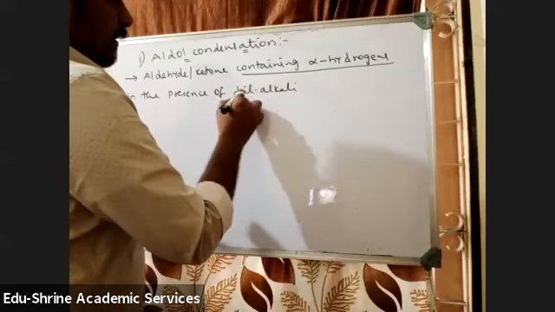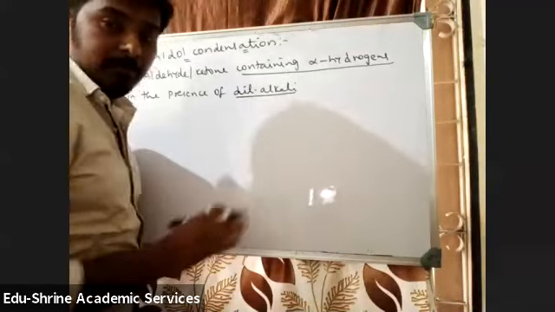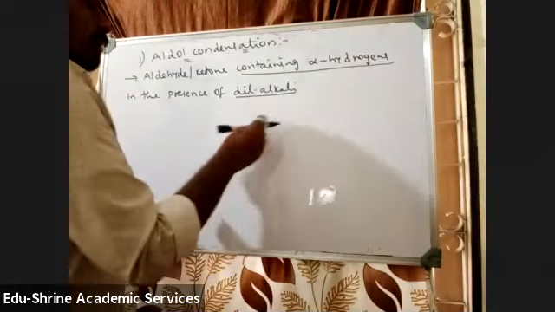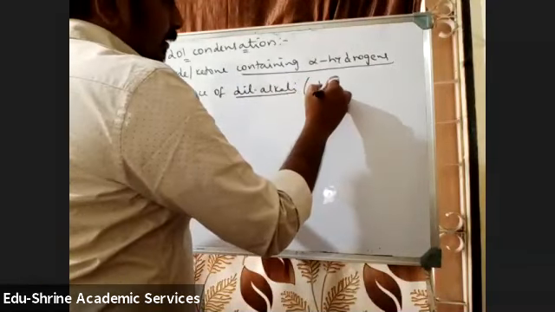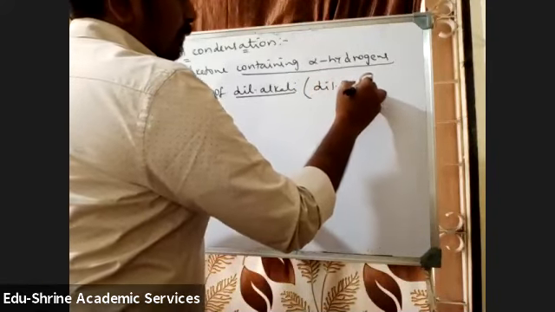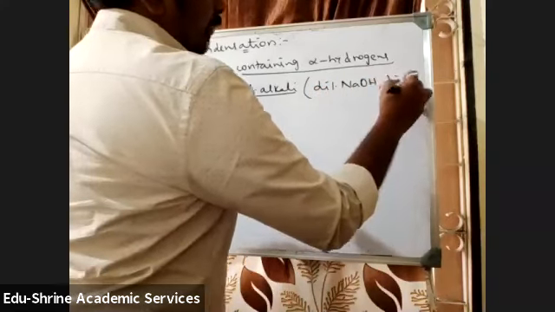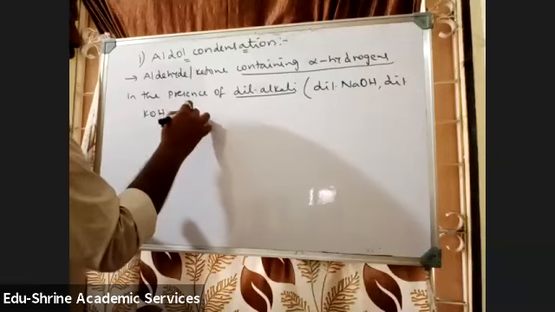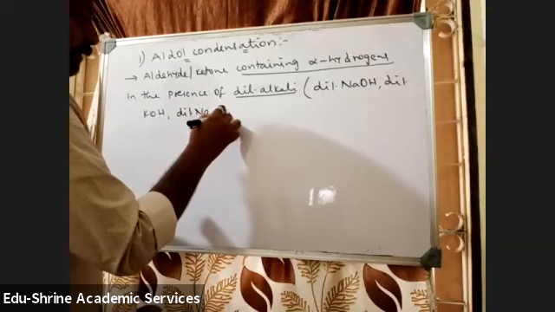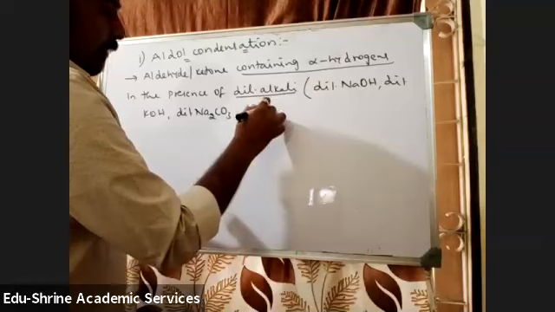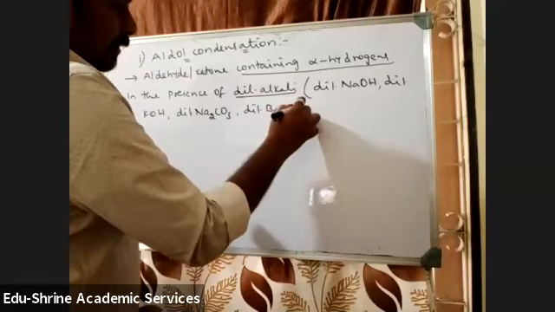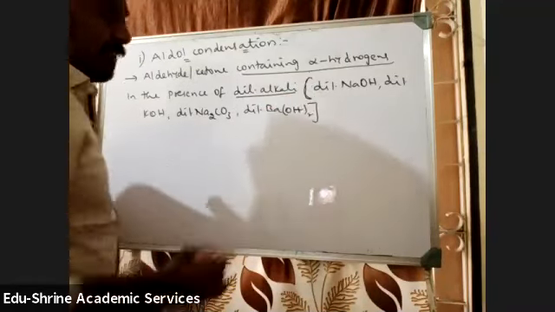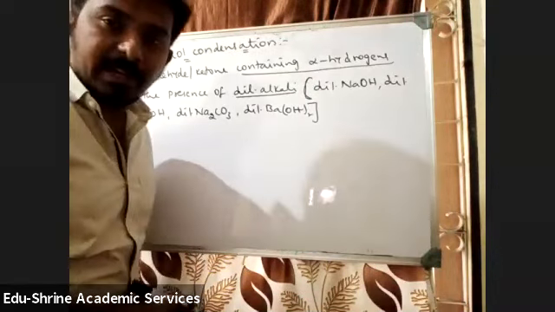Remember, always the reaction must be in dilute alkali, not concentrated. In the presence of dilute alkali, like dilute NaOH, dilute KOH, dilute Na2CO3, dilute barium hydroxide. All these are examples in which the reaction can take place.